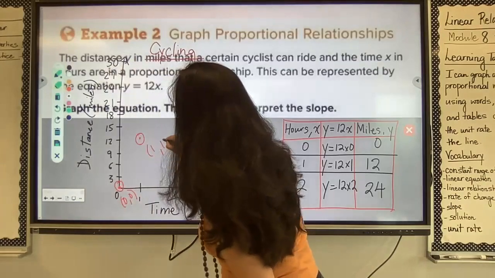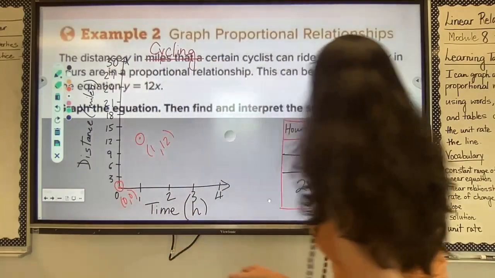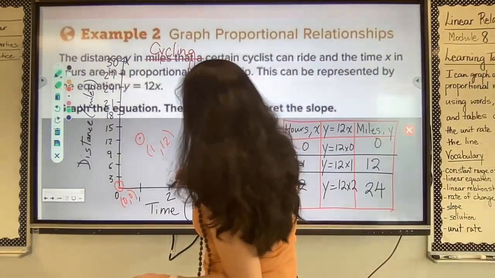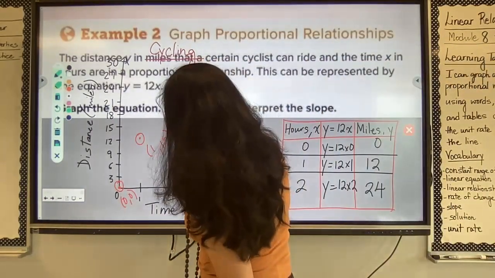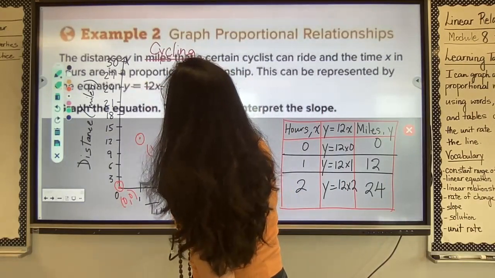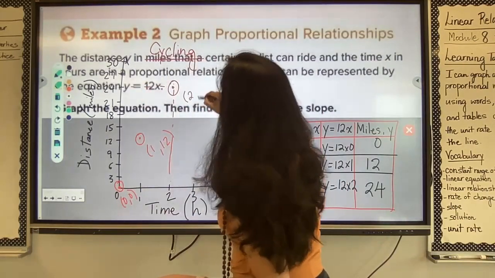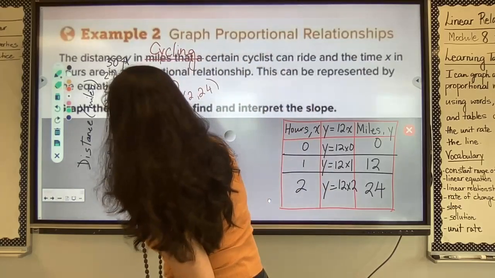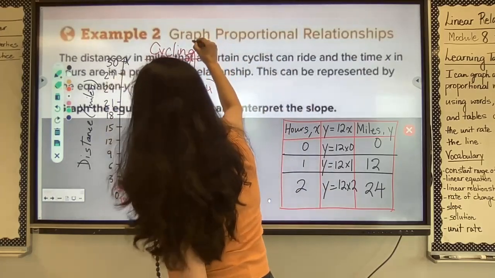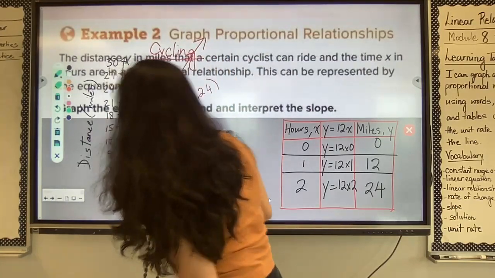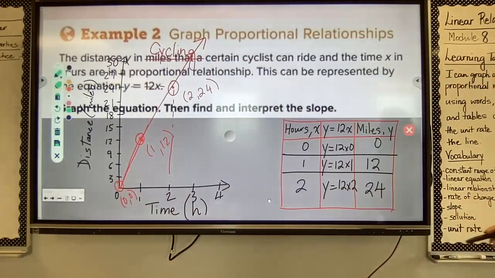And then with 2, I have 24. So 2 hours and here's 24. This is 2 and 24. And then I just connect. And you can see that it's going as a straight line over here.